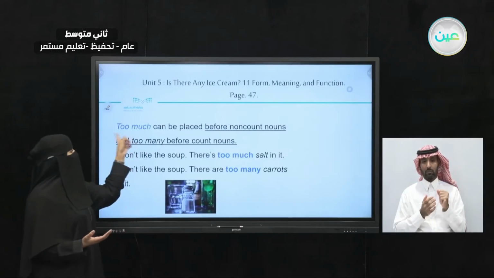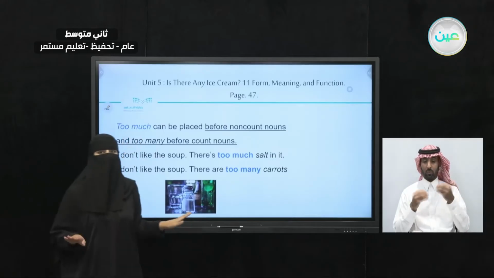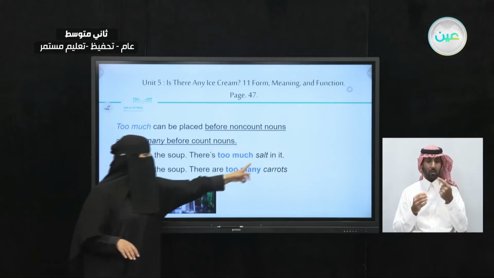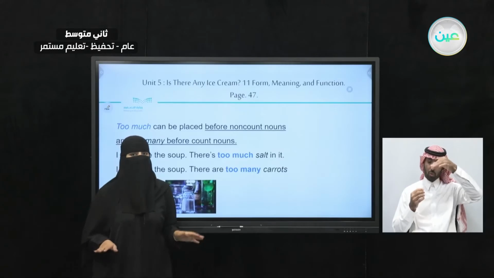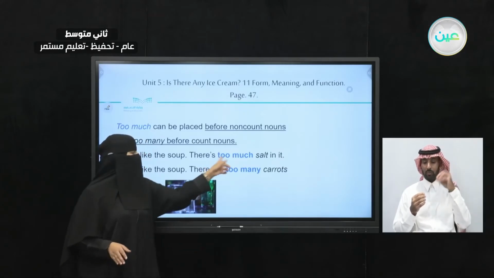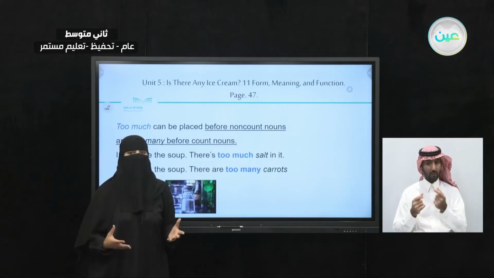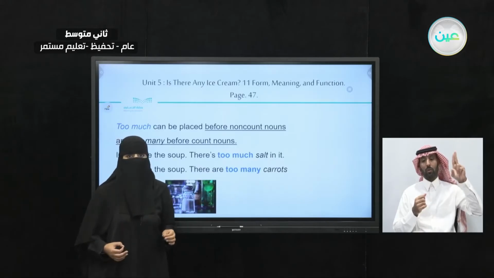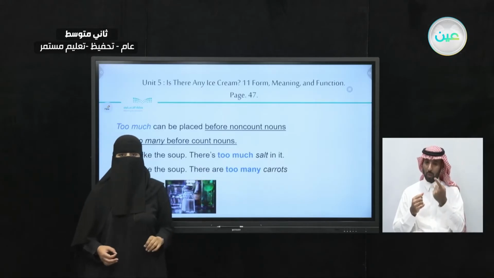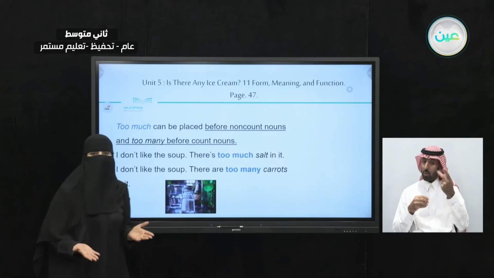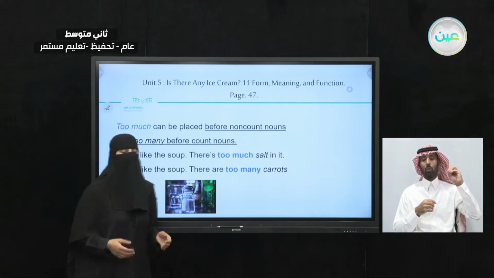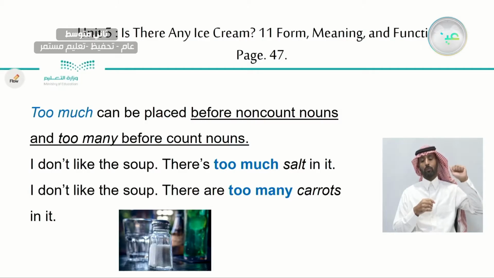Now, we have too much and too many. So let's go back here. Too much for non-count. That means the word salt here, it's a non-count noun. That's why we're using too much for it. But if the noun is count noun, we're going to use too many. So we will have the same example, but with a count noun. I don't like the soup.